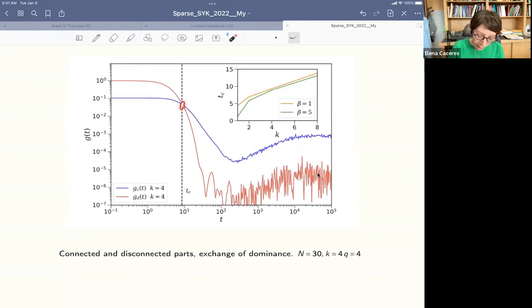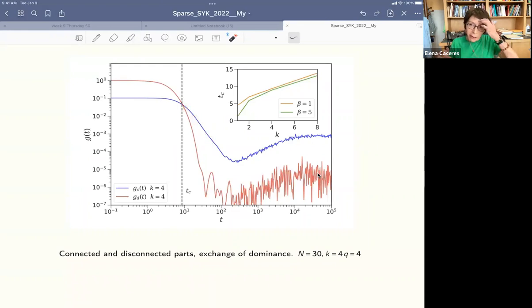But what we can see is that at large enough N for the sparse SYK, that exchange of dominance happens before. And here we have a plot of what we call T critical as a function of the sparseness. As your graph becomes more and more dense, you approach the value of the all-to-all SYK. So this point comes lower and lower.